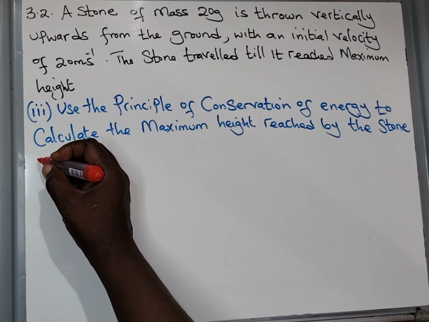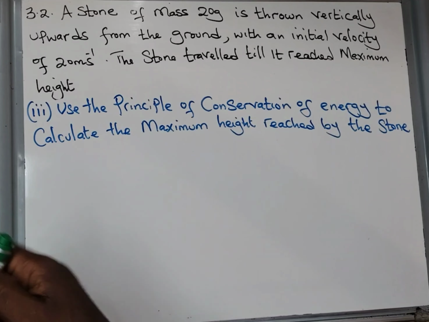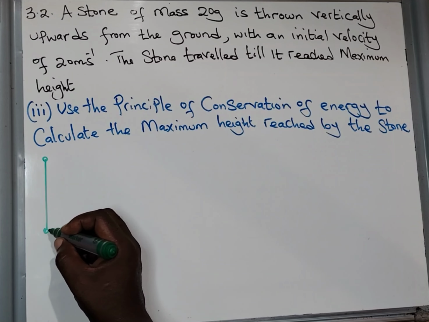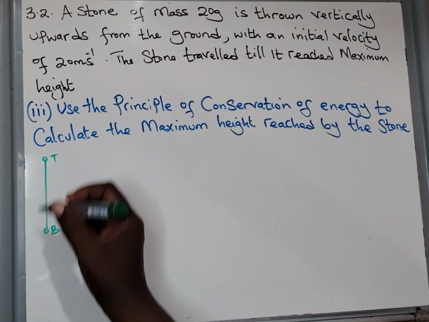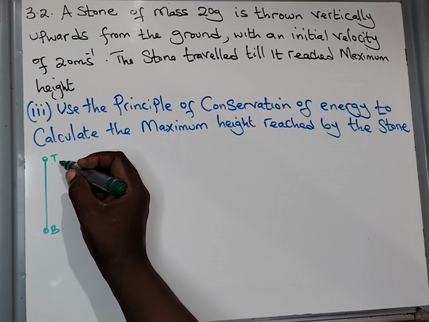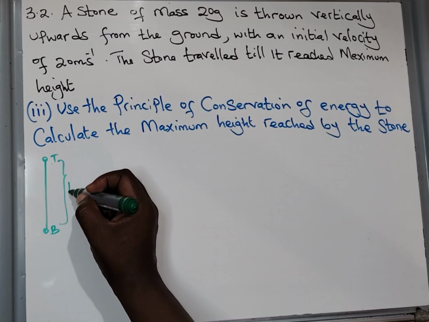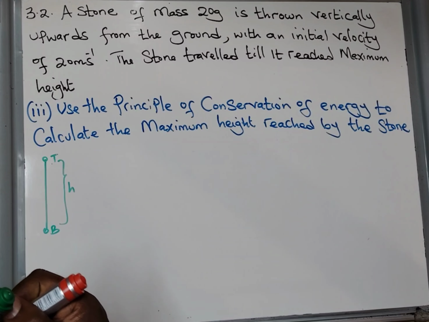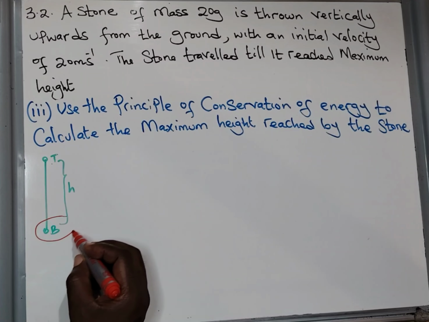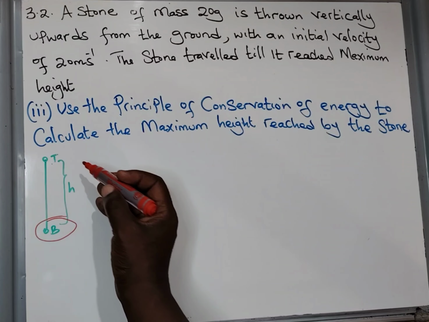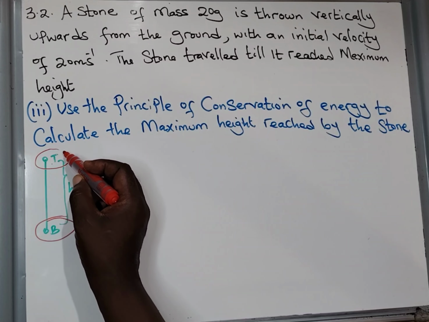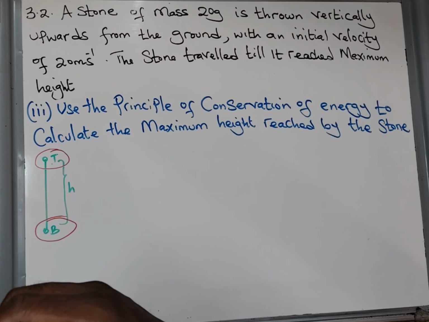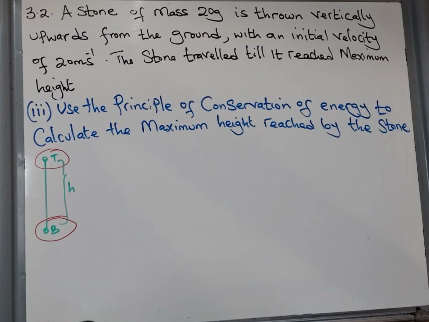We have to know that if the stone moved this height, like this is the bottom, this is the top, and assuming that this is the height it covered, then we can say that the total mechanical energy at B, or bottom, is equal to the total mechanical energy at the top. That is what the principle of conservation of mechanical energy says.